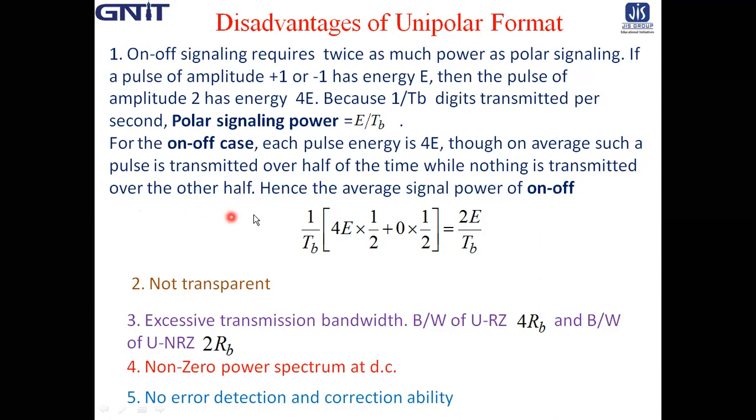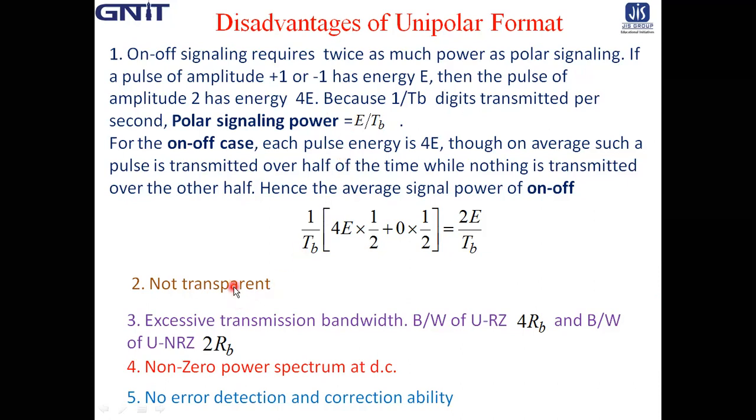Hence, the average signal power of on-off signaling is 1/TB times 4E into its probability of occurrence, that is half, plus 0 into its probability of occurrence, that is half. So it would be 2E/TB, which is twice that required for a polar signal. Okay, so it is the disadvantage.